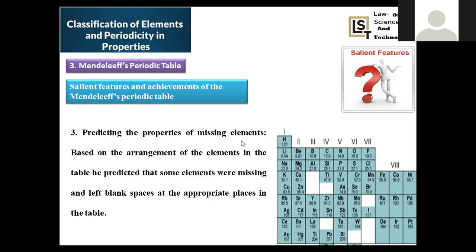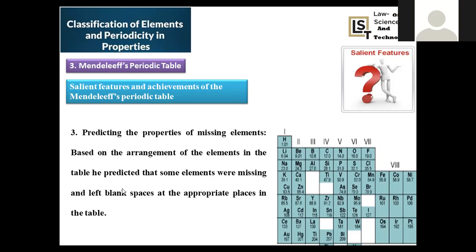Now, another achievement or salient feature given by Mendeleeff was predicting the properties of missing elements. This is the futuristic vision of this periodic table. At the time, whatever elements were known, he arranged them and even kept some empty gaps, vacant sites for future identification of elements. He gave scope to future researchers, thinking there would be structural and property resemblance suitable for their vacant sites.